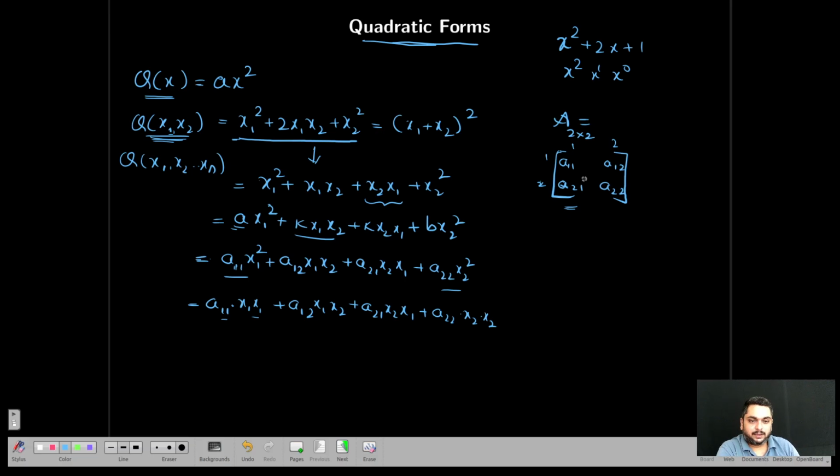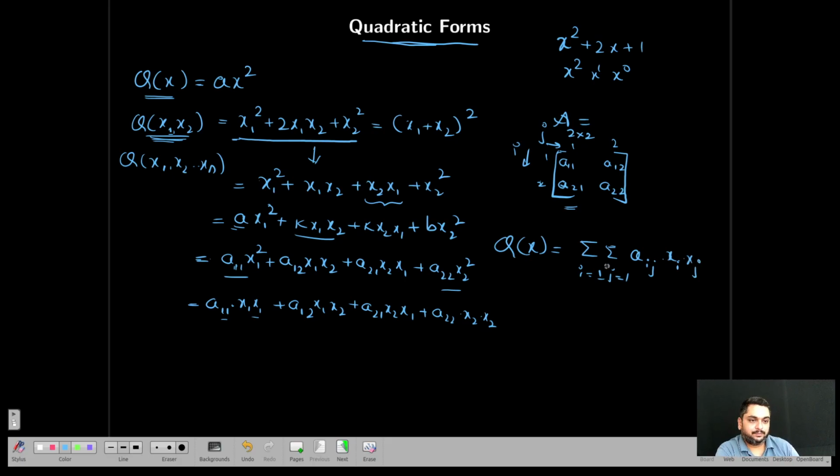But one more thing I want to tell you. In general, how do you write q of x, some quadratic in x? This is nothing but the summation starting with i equal to 1, j equal to 1, where i and j are indices, of a of ij into xi into xj.